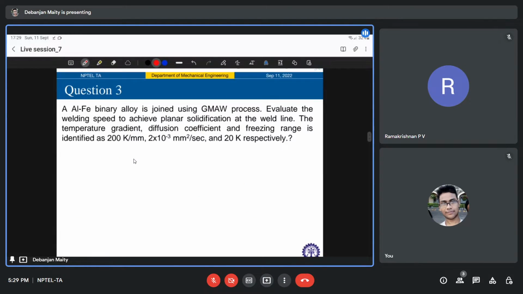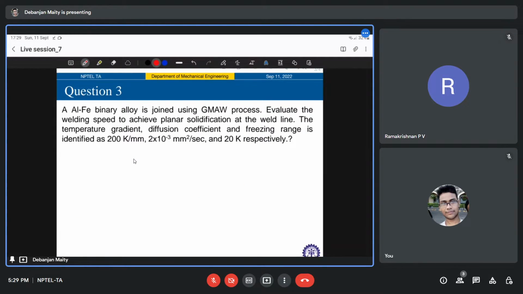So in question 3, this is a simple numerical. It says that an aluminum-Fe binary alloy is joined using a gas metal arc welding process, and we need to evaluate the welding speed to achieve planar solidification in the weld line. What are the things given?